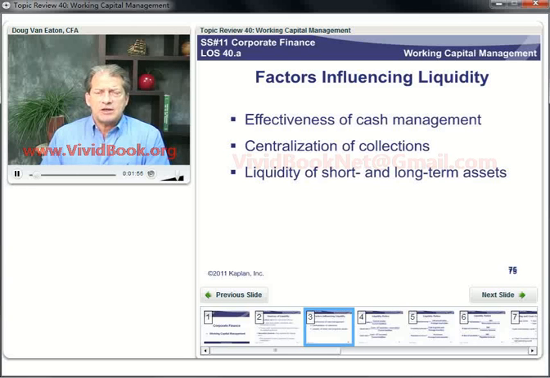Centralization of collections, that is, as the bills are paid and the money comes in, if it comes into a centralized collection spot at a bank, then that's going to give us better liquidity. And the liquidity of both our short-term and long-term assets are going to influence the overall liquidity of the firm.